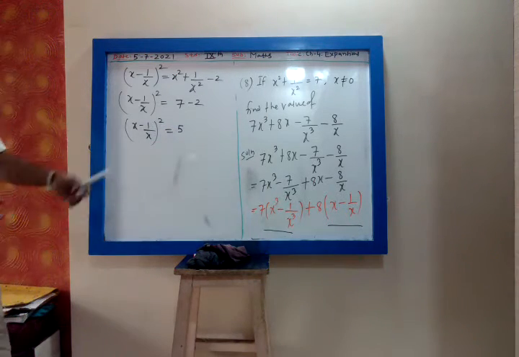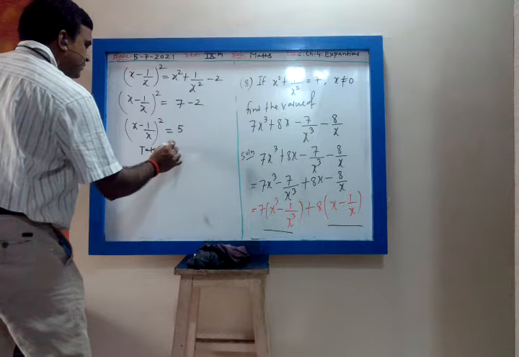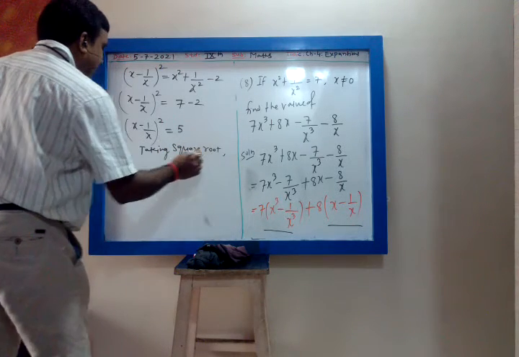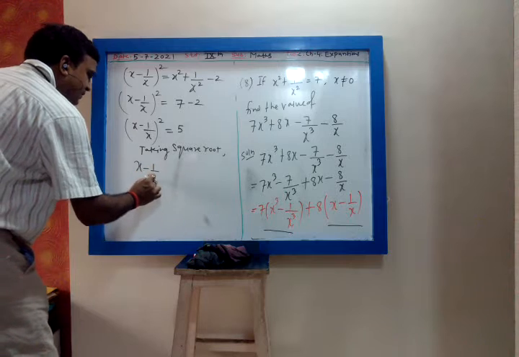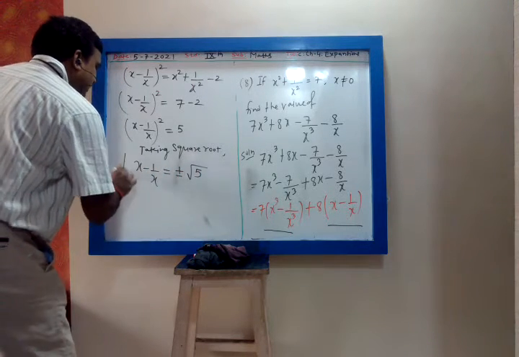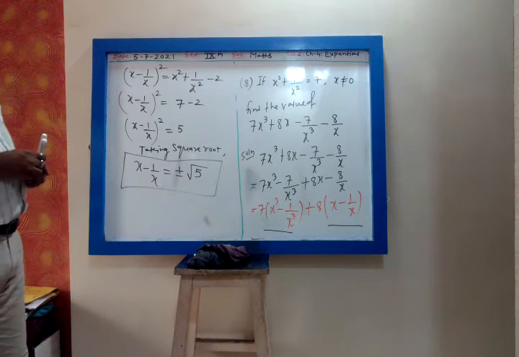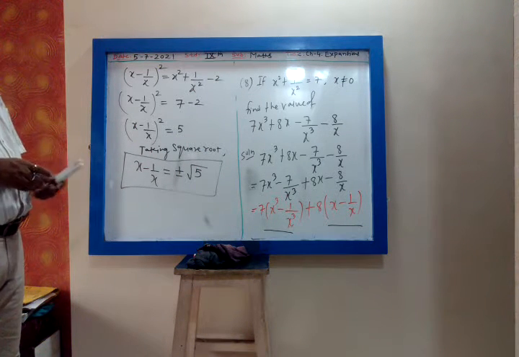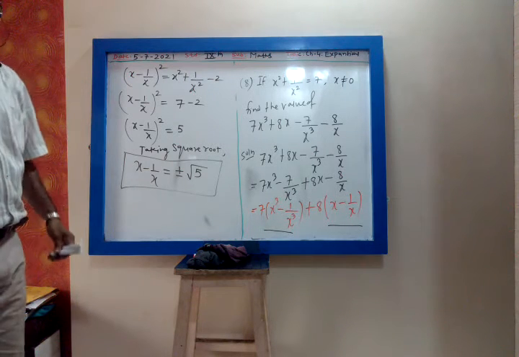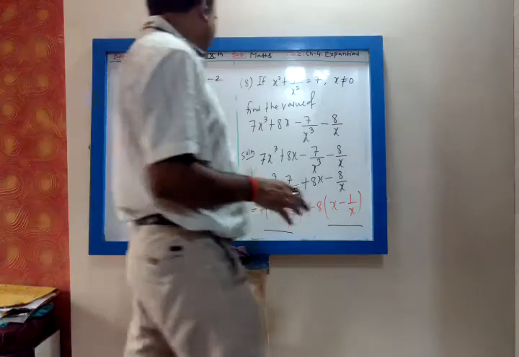Now we take the square root. So taking the square root, you will get x minus 1 upon x is plus minus root 5, because there is no condition given whether x is positive or negative. So we take both plus minus root 5. Now to find x cube minus 1 upon x cube, we have to consider two cases, because it is plus minus.